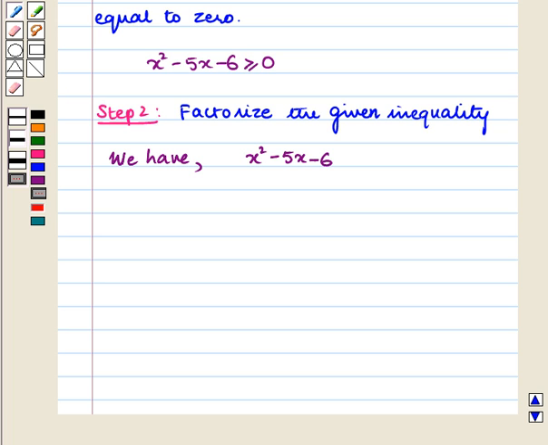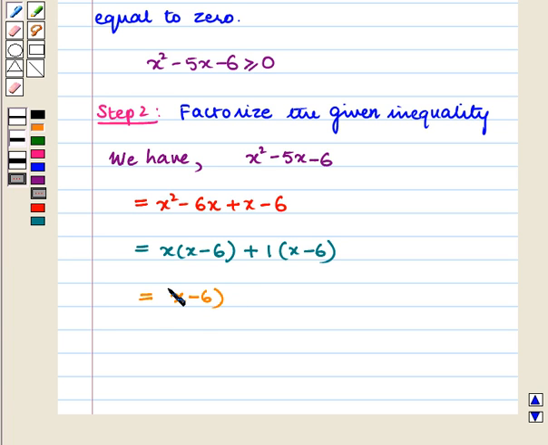Let us factorize it. x squared minus 5x minus 6 is equal to x squared minus 6x plus x minus 6. This is equal to x into x minus 6 plus 1 into x minus 6, which is equal to x minus 6 into x plus 1.